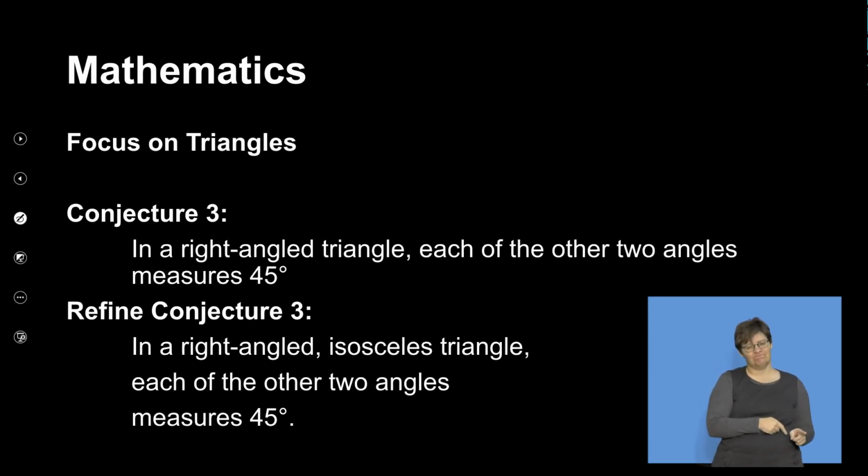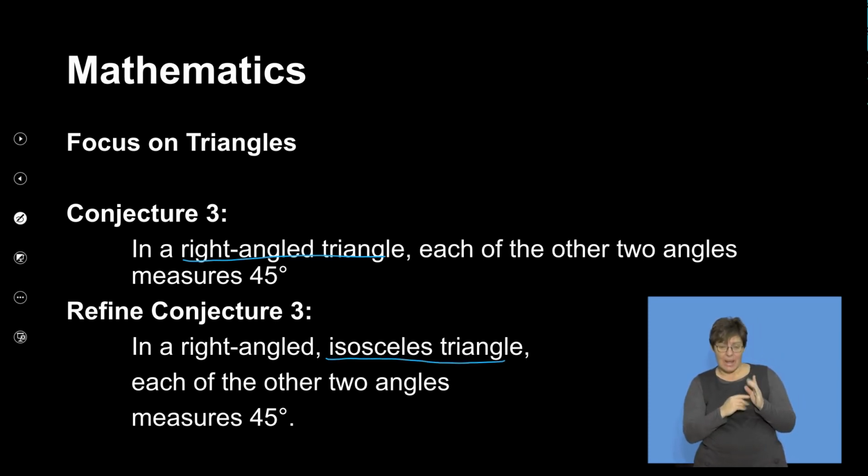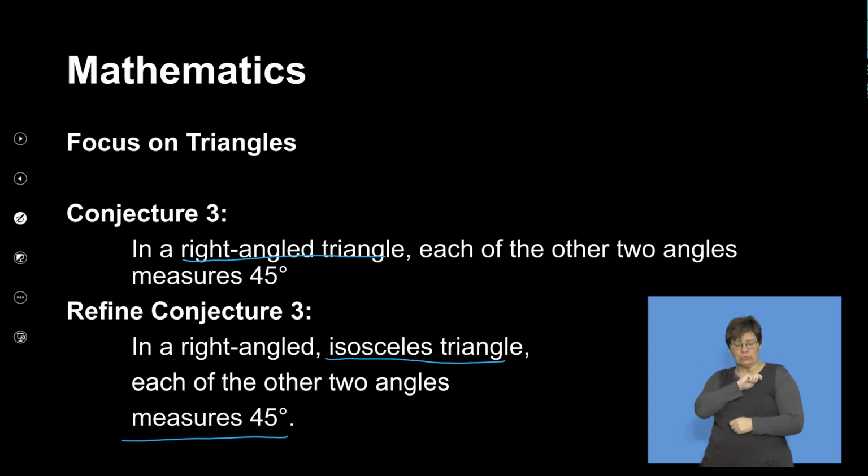Now, what can we do to try and refine this? We'll then say, let's add one more interesting fact to say not just in any right-angled triangle, but it must be right-angled and isosceles. Then each of the other two angles will definitely measure 45 degrees. And that's what we mean about this inductive reasoning.